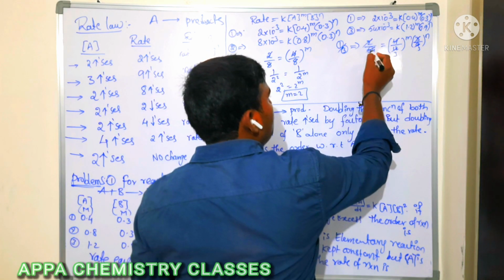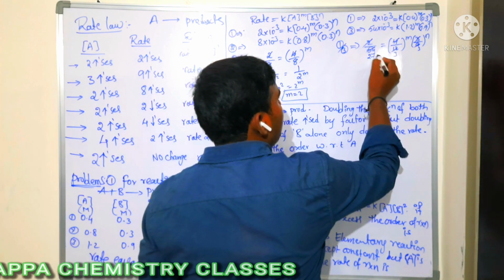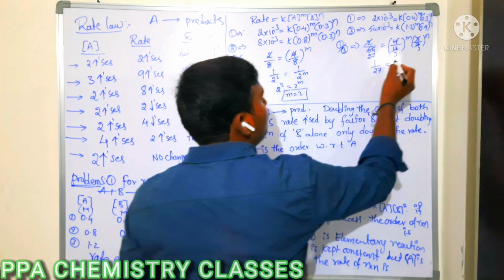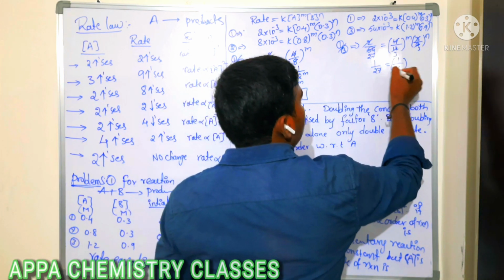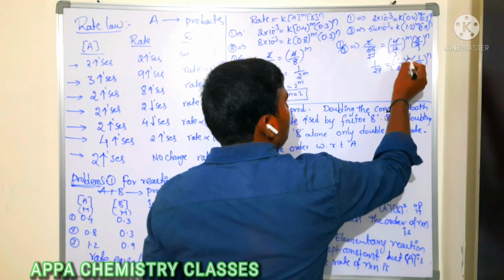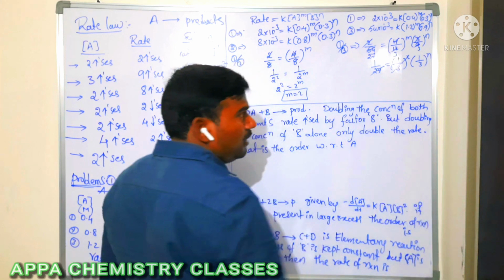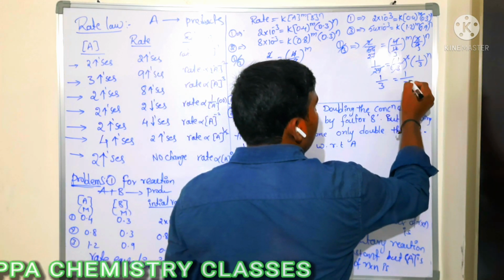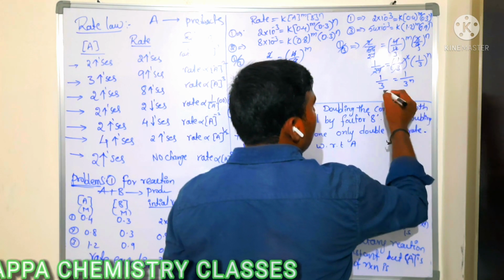So 1 by 27 is equal to 1 by 3 square into 1 by 3 whole power n. Here 9 3s are 27, so 1 by 3 is equal to 1 by 3 power n, so n is equal to 1.